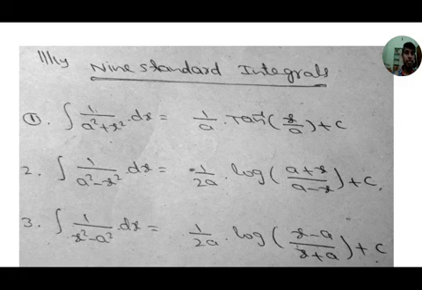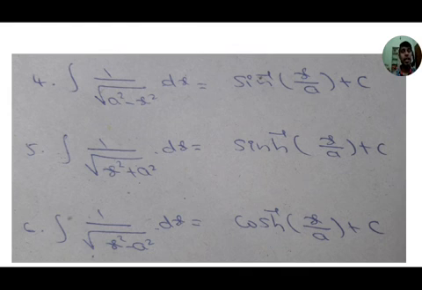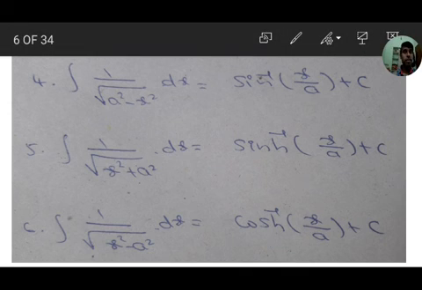Integration 1 by x square minus a square dx equal to 1 by 2a log of x minus a by x plus a plus c. Integration 1 by square root of a square minus x square dx equal to sin inverse x by a plus c. Integration 1 by square root of x square plus a square dx equal to sin h inverse x by a plus c. Integration 1 by square root of x square minus a square dx equal to cos h inverse x by a plus c.